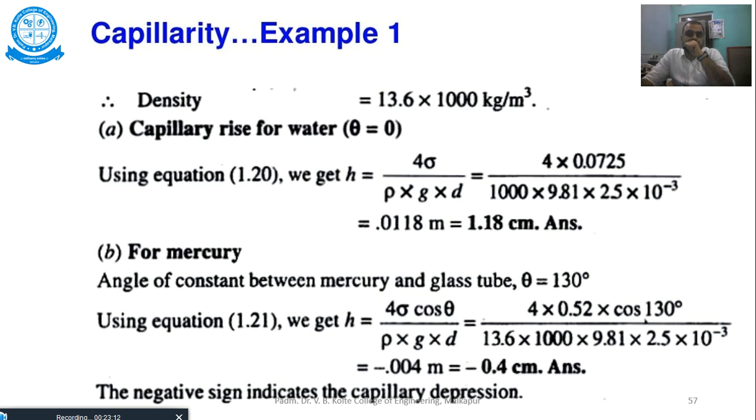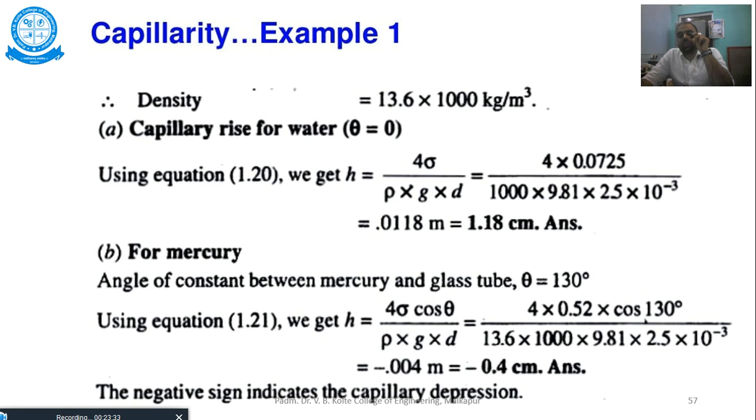Okay, so second case for mercury, angle of contact between mercury and glass tube is theta is equal to 130 degrees. So consider the equation here. H is equal to 4 sigma cos theta upon rho g d. So again we put the given values in the equation. 4 is the constant one.